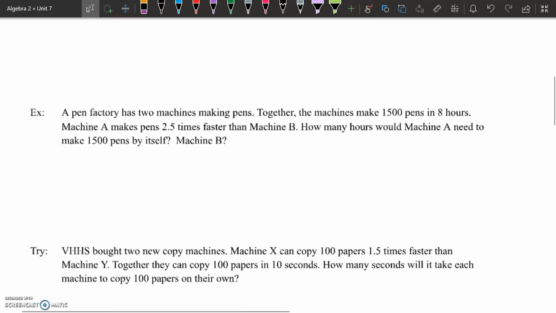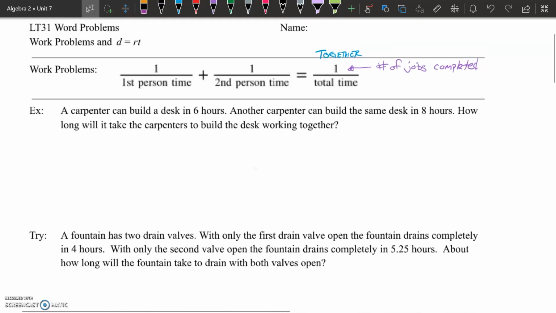However, in our third example here, it talks about a pen factory has 2 machines that are making pens, and together the machines make 1,500 pens. Well, the job is making a pen, so in this case, that machine is doing this job 1,500 times in 8 hours. So your numerator, the number of jobs completed for that third example, is going to be 1,500 pens. Okay? And you'll get an opportunity to check answers on that here momentarily.